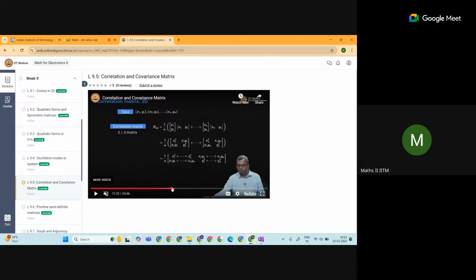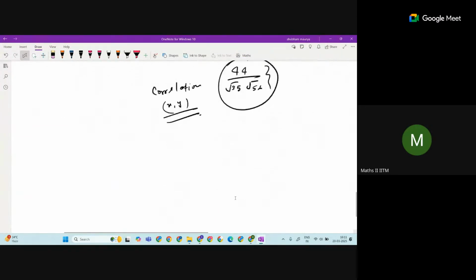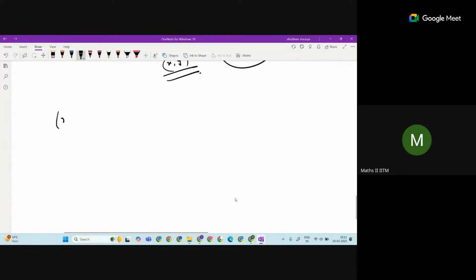Simply, we divide by how many data points we have, divided by n. This is x1, y1 vertically, and then its transpose horizontally. Suppose we have data x1, y1, x2, y2, up to xn, yn.